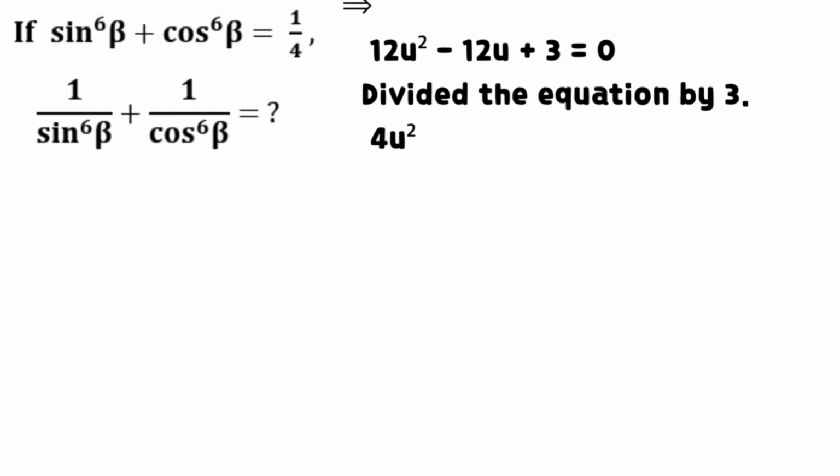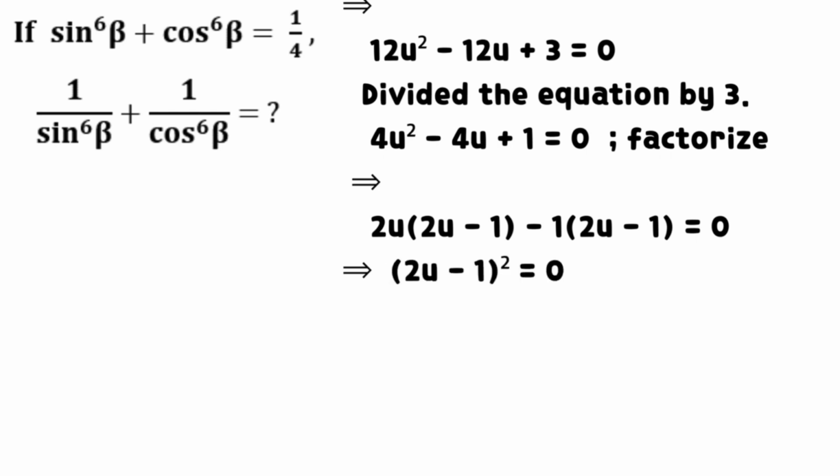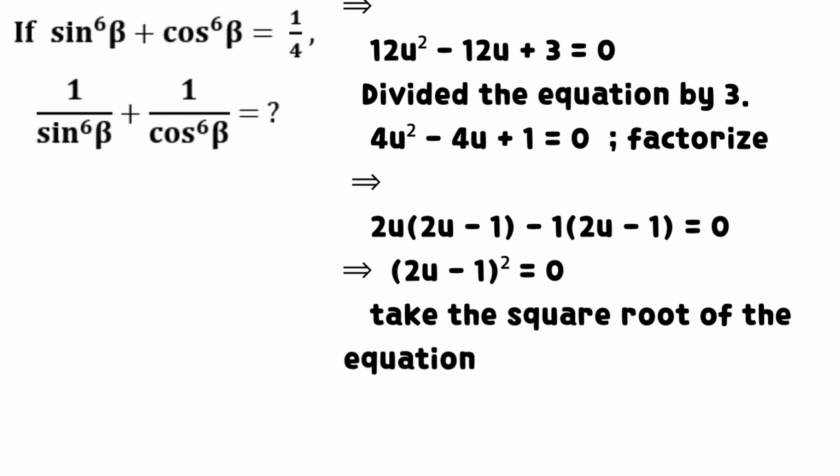It means that 12 times the square of u minus 12 times u plus 3 equals 0. Divide the equation by 3, and we have that 4 times the square of u minus 4 times u plus 1 equals 0. Factorize. This implies that the square of 2 times u minus 1 equals 0.